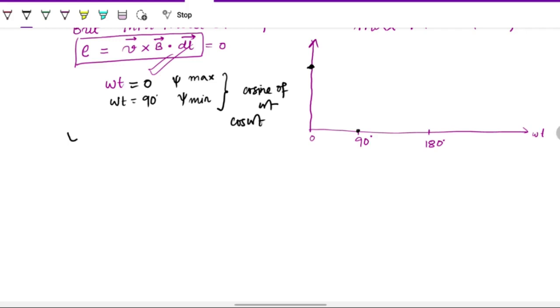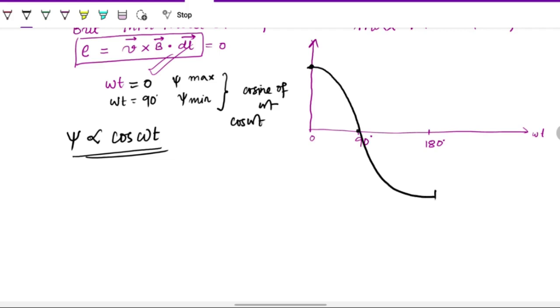So the flux linkage psi will be directly proportional to cos omega t. So on drawing this flux linkage, we will be getting a graph like this.